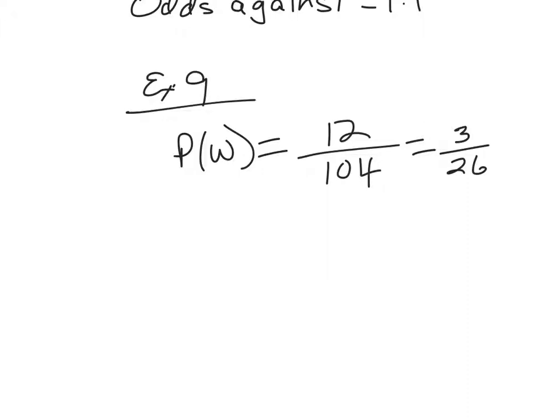Now, Tristan and Summer, how would that convert to odds of him winning the iPad? Would it be 3 to 23? It would be 3 to 23. Nicely done. Top number stays, subtract to get the bottom.